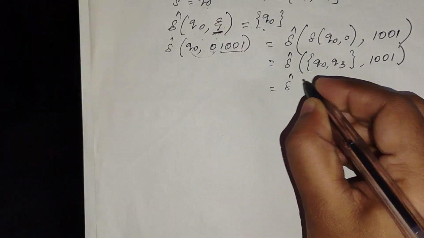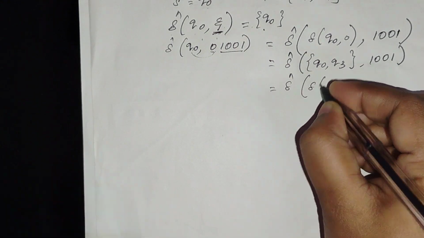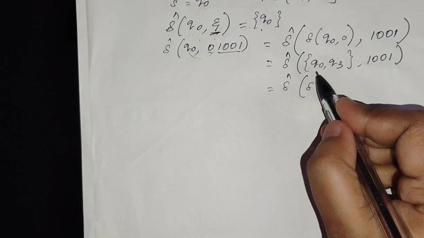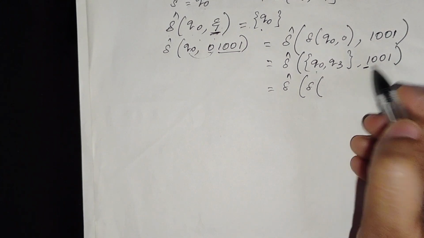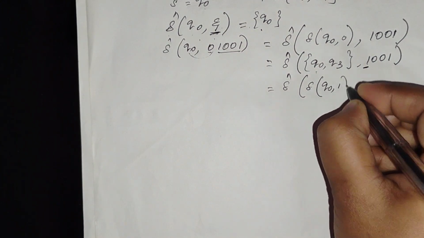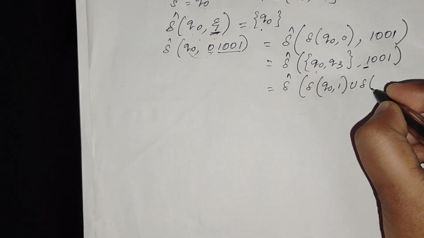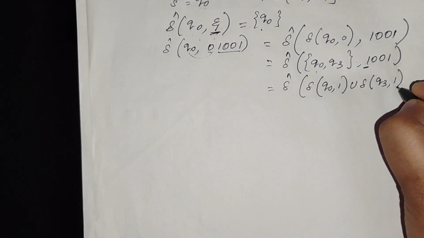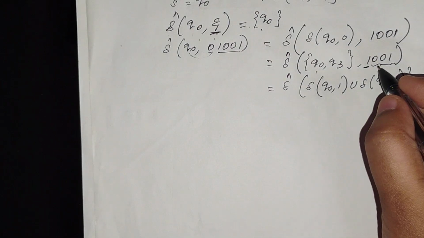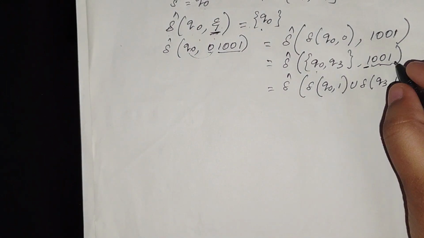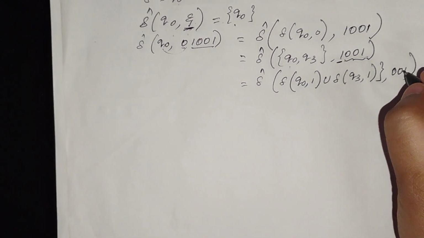δ^ of δ, we have to take this state with the first symbol. Here it is 1. So δ(Q0, 1) union δ(Q3, 1), then the remaining symbols, 001. We have taken the first symbol, then in the next part we write the remaining symbols.